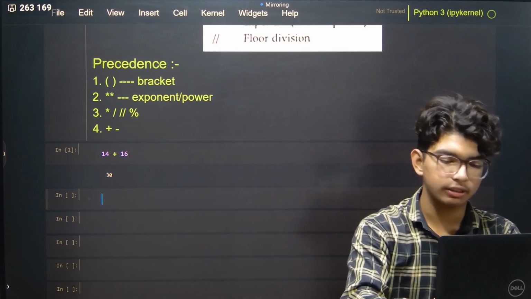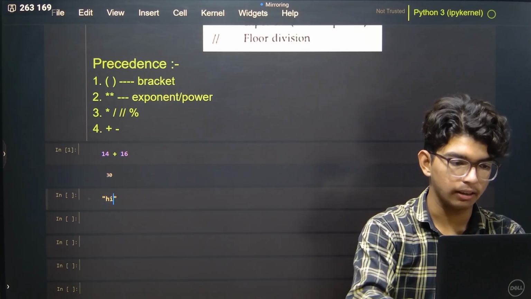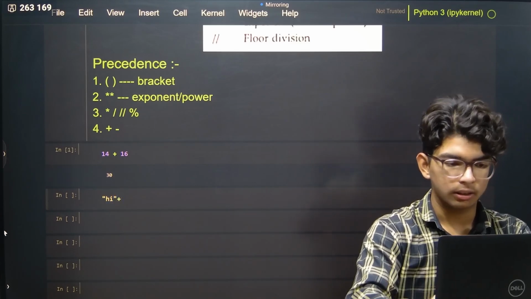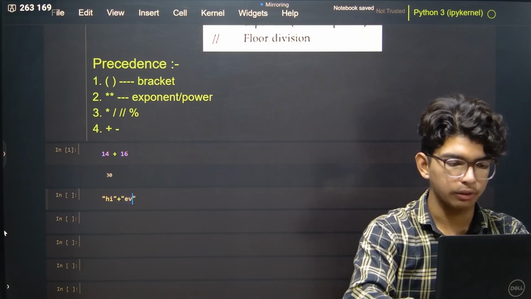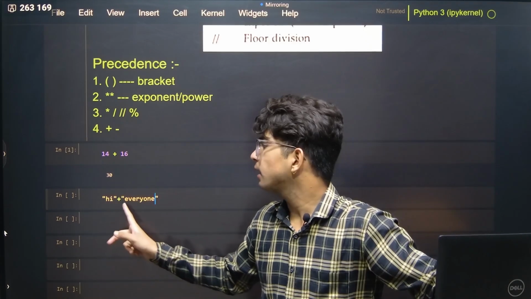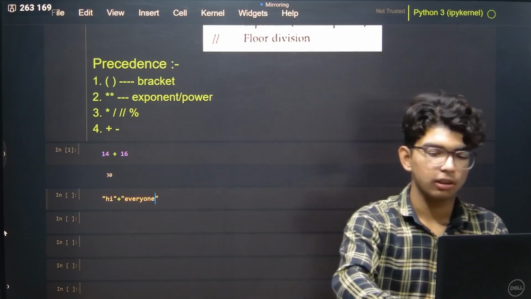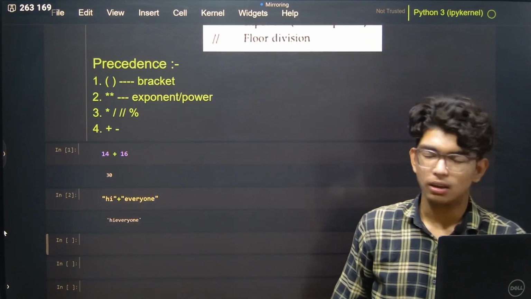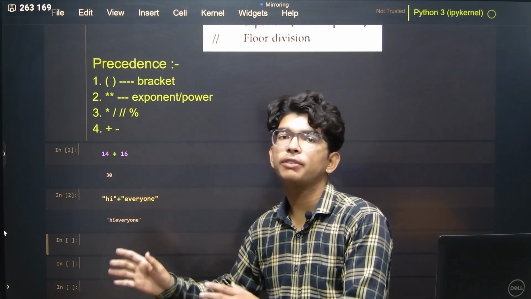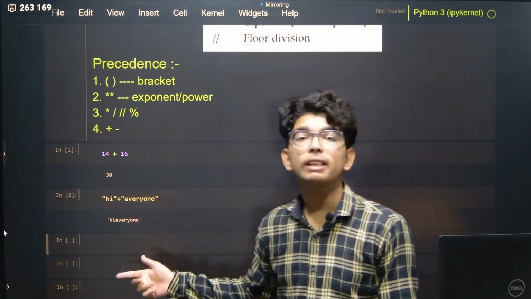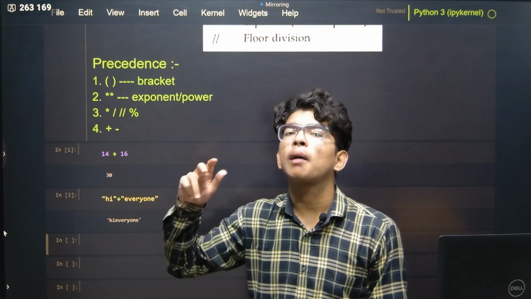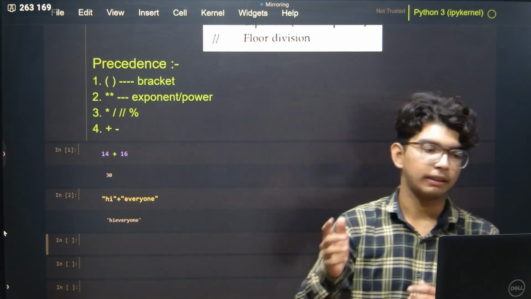If I write a string as hi, then addition, then everyone, here I have used 2 strings and this addition. Now if I run this, I will get the result as hi everyone, as addition will merge the strings. We will get to know why this is happening in our upcoming video, so stay tuned for that.